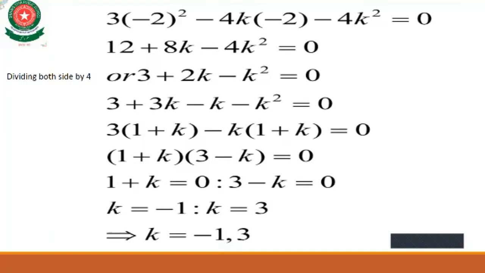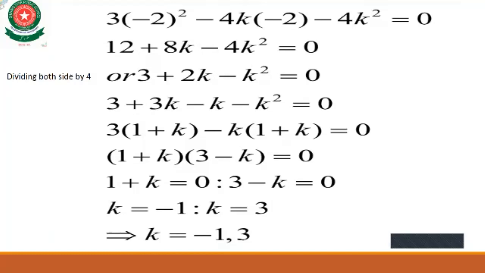We have to break the middle term of the given expression. Here the middle term is 2k and the constant term is 3. So break this term: you can write 2k as 3k minus k. 3 is common here, the remaining will be 1 plus k, and minus k is common.